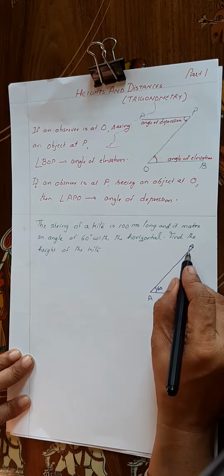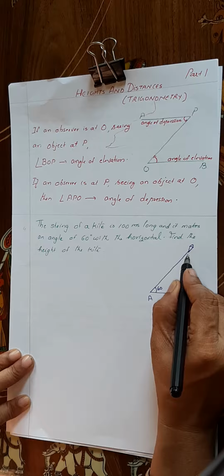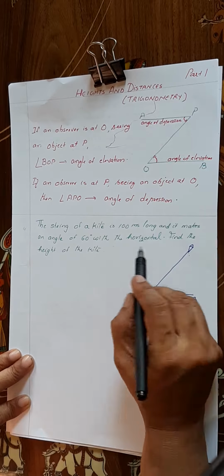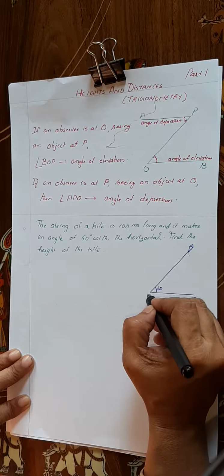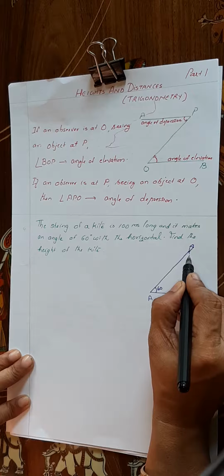Now height is always a perpendicular distance. If they had given some other details and asked you to find the length of the string, then you would have to find this length.